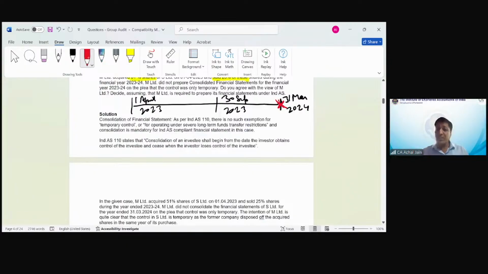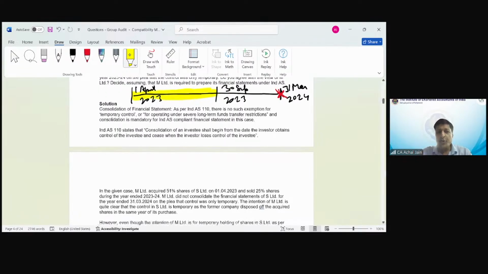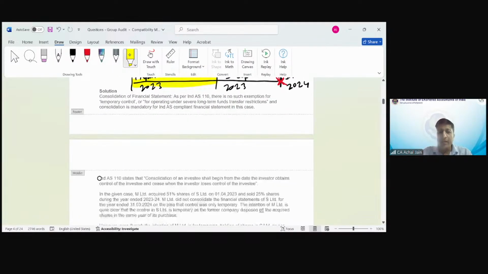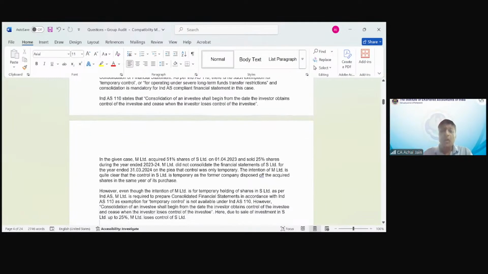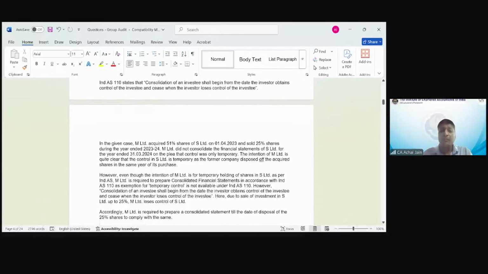Therefore, starting from the date when the control is acquired up to the date when the control is lost, consolidation will be required. There is no exemption which is available in this case. So therefore, consolidation will have to be done by M Limited.